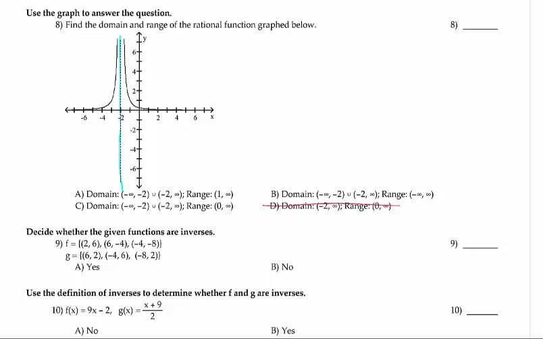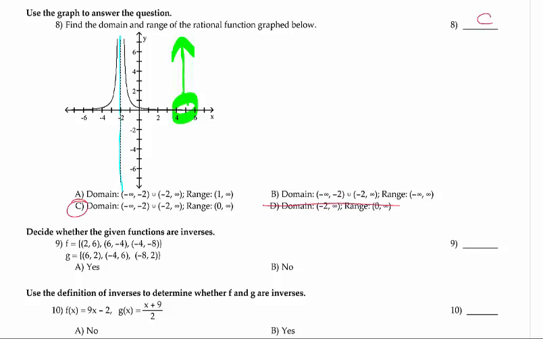Strike it from the record. Next, we note that the range goes from 0, not including the 0, and it goes up towards infinity. So 0 to infinity, and so our only thing that has that answer choice is C.